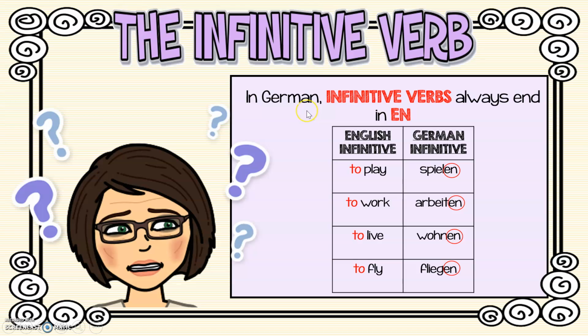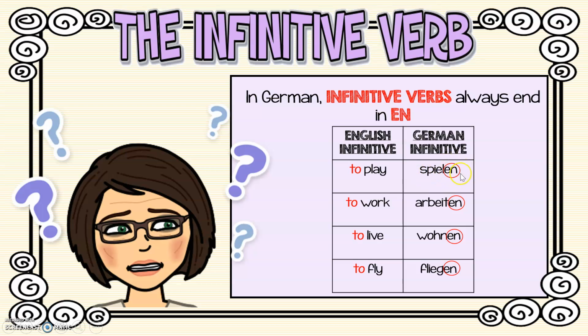In German, it's only one word. It's the verb itself, but that verb ends in en. The en on a verb shows you that that verb is in the infinitive form. So here we have the English infinitive, to play, and the German infinitive is spielen.